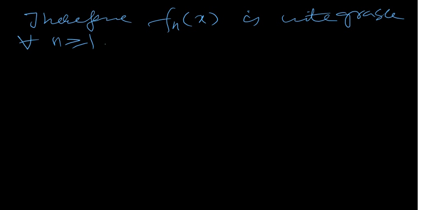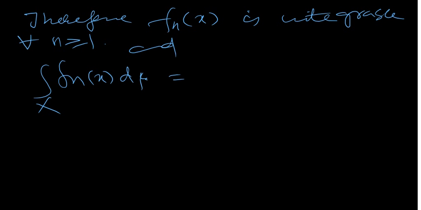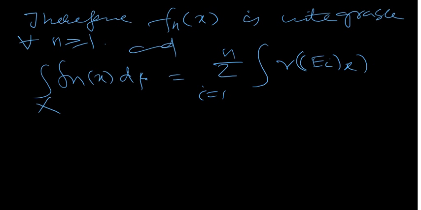And not only this, the integral over X of fn d mu is a finite sum, summation i runs from 1 to n of the integral of nu of Eix d mu, and that's equal to summation i runs from 1 to n.